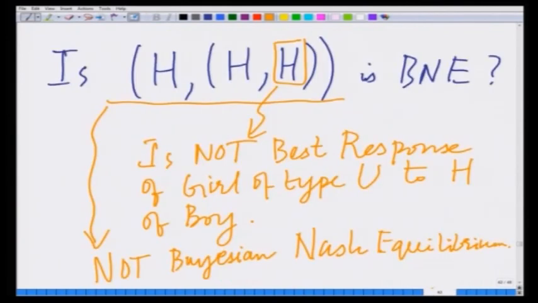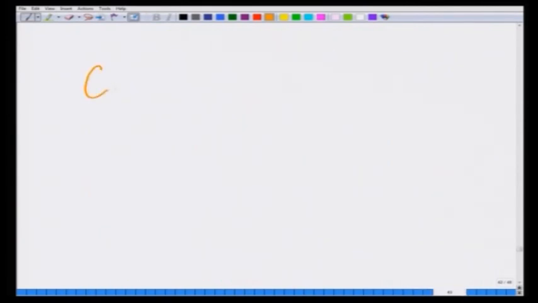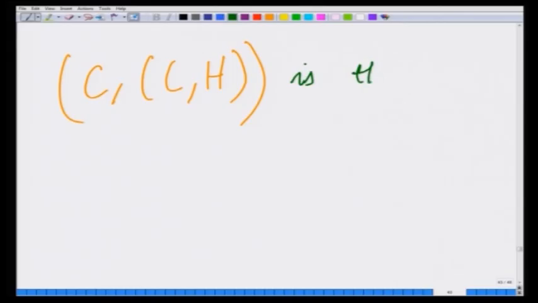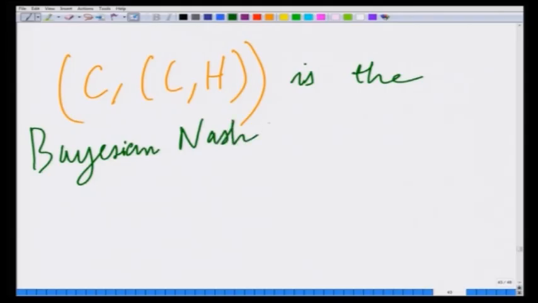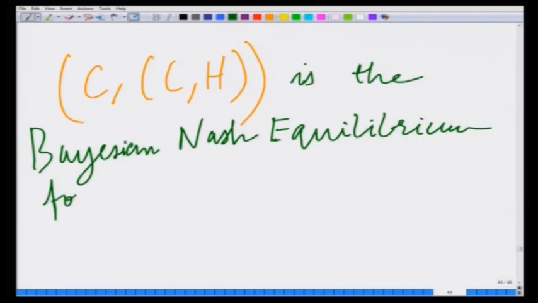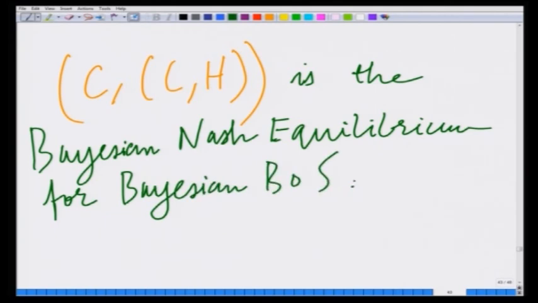So, finally, to conclude this, what we are saying is that C comma C comma H is the Bayesian Nash equilibrium for the Bayesian battle of sexes game, in which there is uncertainty for the boy regarding the type, and hence the payoffs, of the other player, that is the girl.